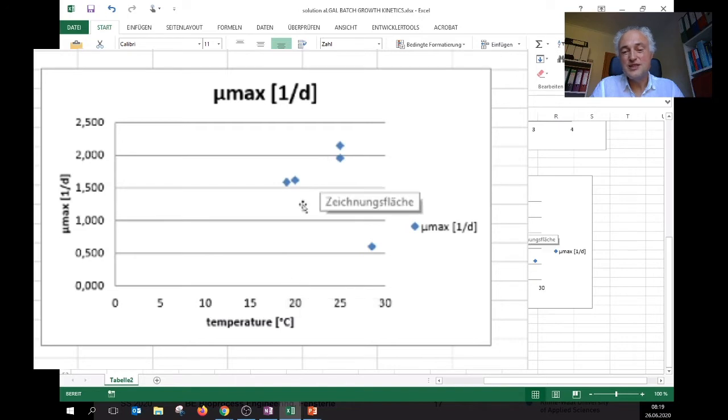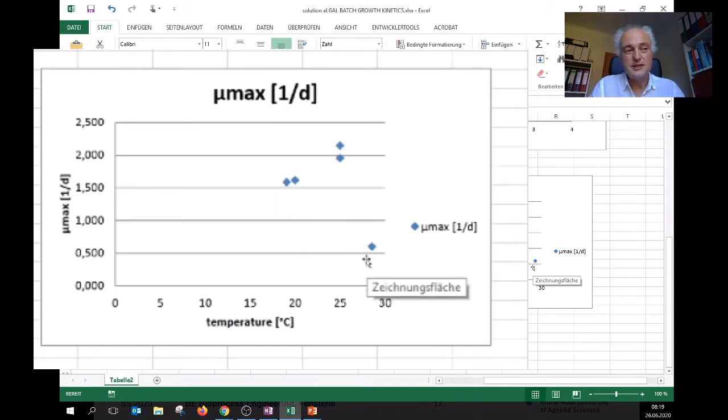And exactly this is what you see reflected here. You have an increase in the specific growth rate with higher temperatures, and then this value at 28 degrees is way lower. So the question is, what happened here?